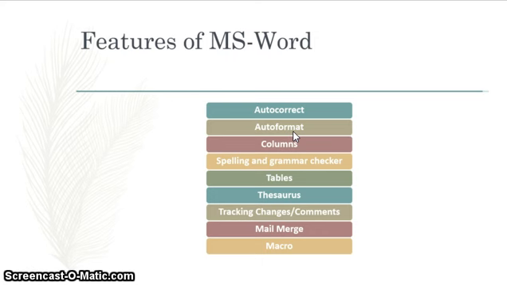When you press enter or give a space, automatically N and D go upwards as superscript. Similarly, if you are typing 1/2, automatically Word changes it to a fractional number.